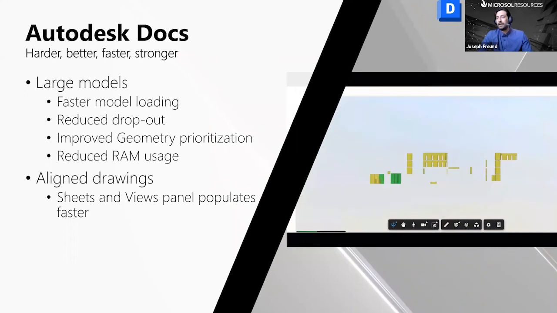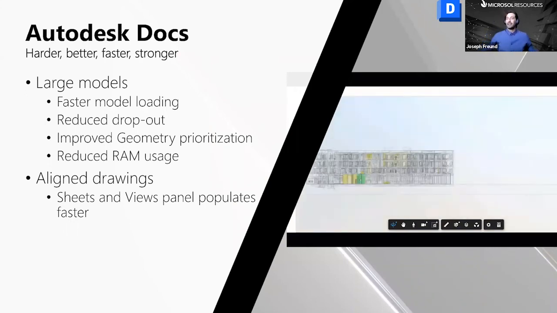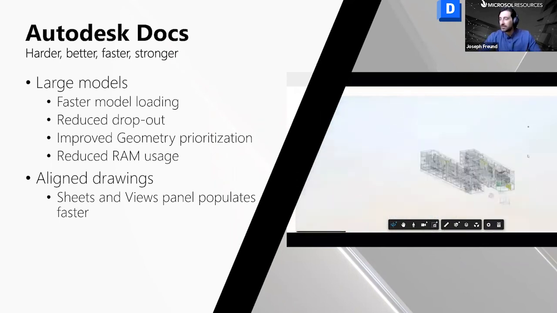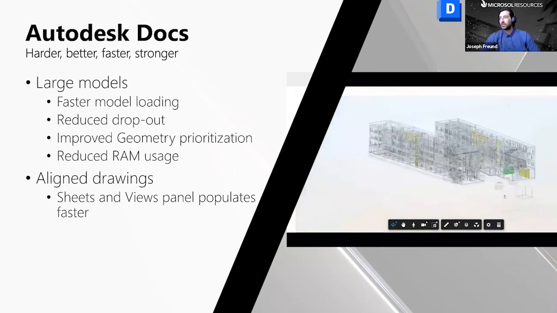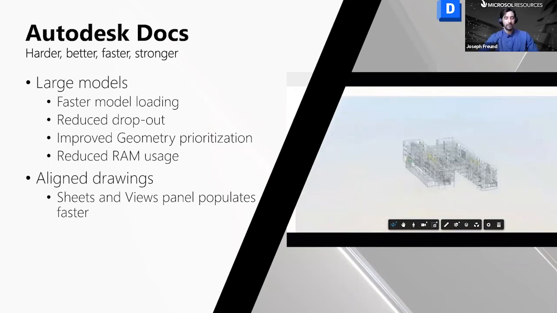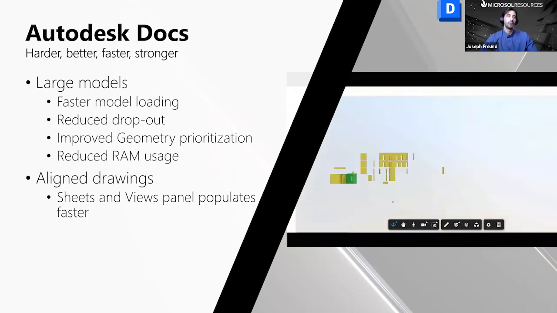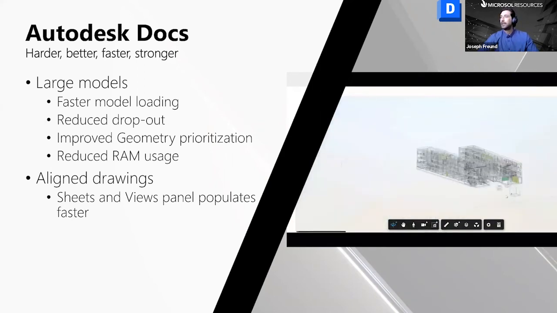And additionally, if you have any aligned drawings, any of those sheets and views are going to populate much faster. So I think just across the board, and this will be pretty much in every release of every product that Autodesk has, they really try to tap into more multi-processing and more optimal processing of any action.